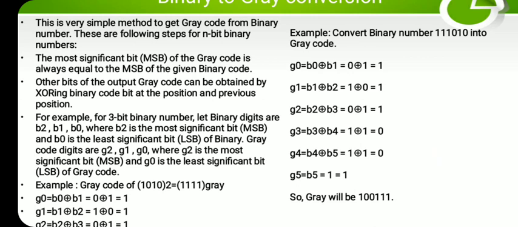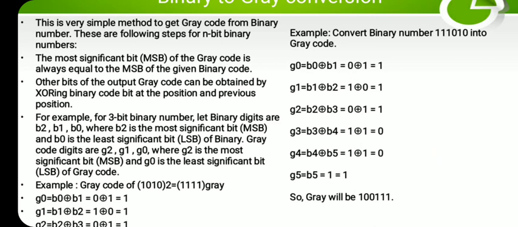Now B3, B2 we have XORed. Now XOR B2, B1. B2 is 0, B1 is 1, so it will be 1. Now what is remaining last? B1 XOR B0. That will be 1. This is how you convert the given binary to gray. What is the procedure? Once again, take the MSB as it is.